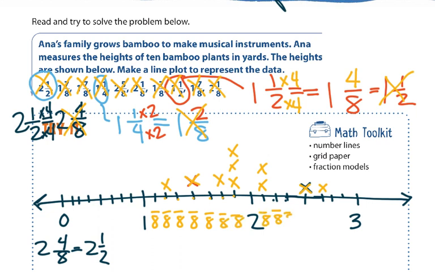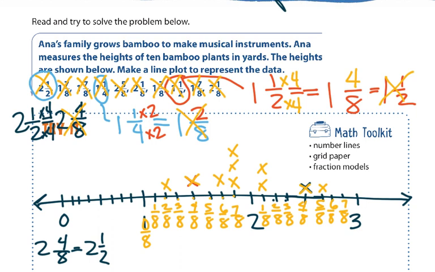That'll help some of you that aren't masters of the number line. 0, 1, 2, 3, 4, 5, 6, 7, 8 eighths. 1, 2, 3, 4, 5, 6, 7, 8 eighths. 1 7 eighths.